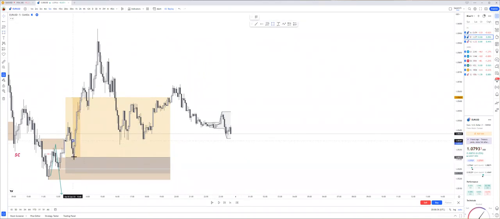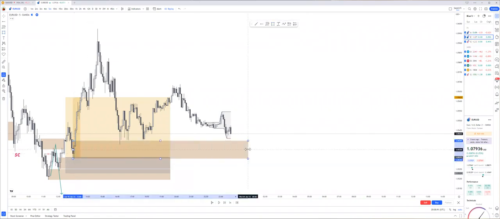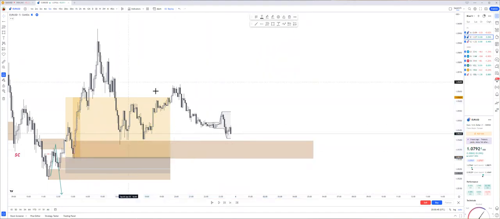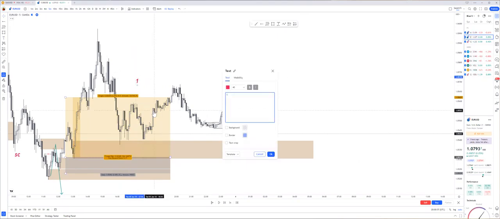So again, using the same principle as last time, that downwards movement, although this one is a bit different, I'll be looking to enter in this area. So this is a 1 to 3.7, so we can mark that out. So 1, 2, 3, let's just say 1 to 3.5.